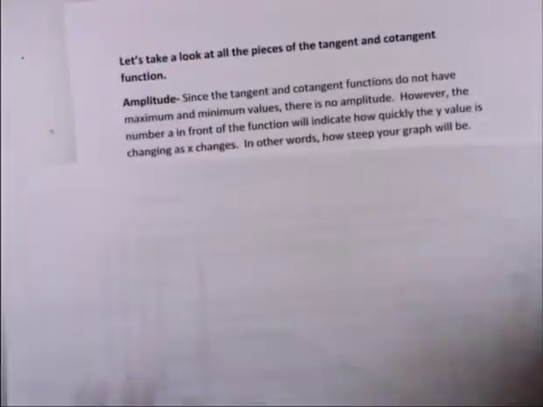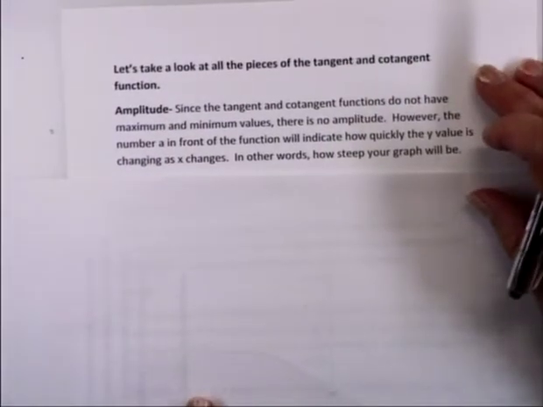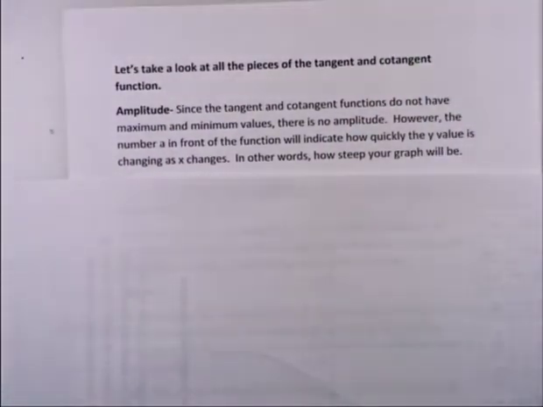All right, so some of the things we've done with sine and cosine and we've used to get secant and cosecant. The first thing was amplitude. Well, obviously, since tangent and cotangent functions do not have a maximum and minimum, there's no amplitude. However, we can still use this number, A, to help us out.